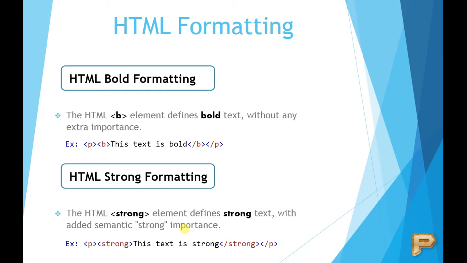Then the bold tag means the text you are trying to show is not of that much importance, that text does not have any value. But if you write your name or address in a strong tag, then the programmer will understand that you are using this tag to highlight this particular part, so this data might be very, very important.